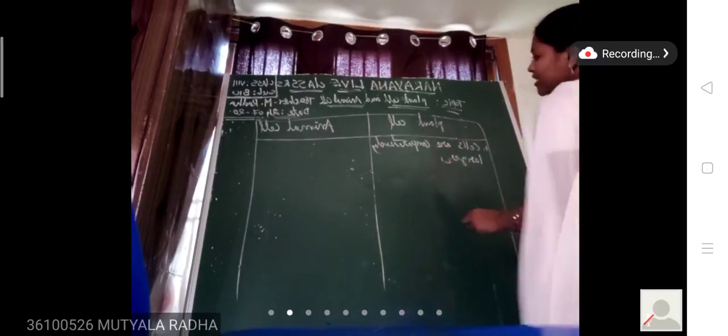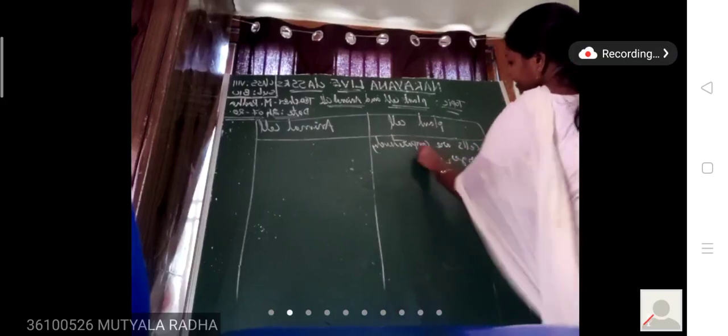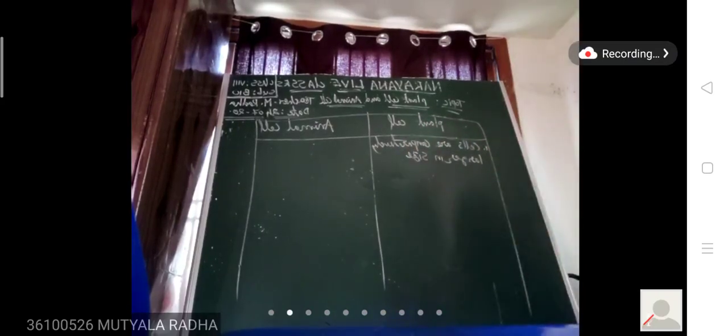Note down: cells are comparatively larger in size in plant cells. In animal cells, cells are usually small in size.